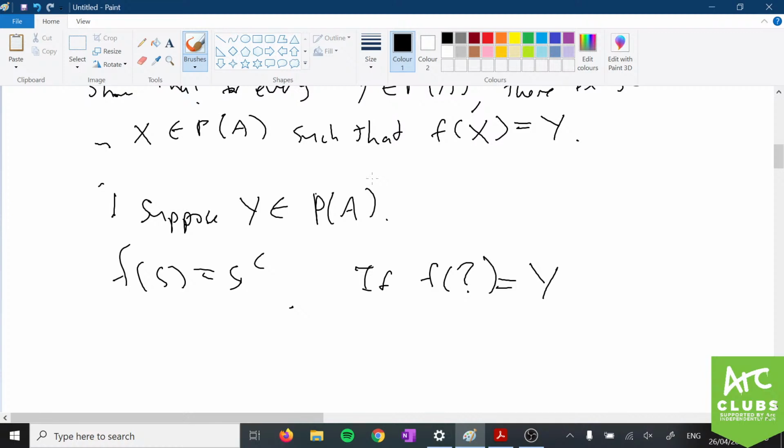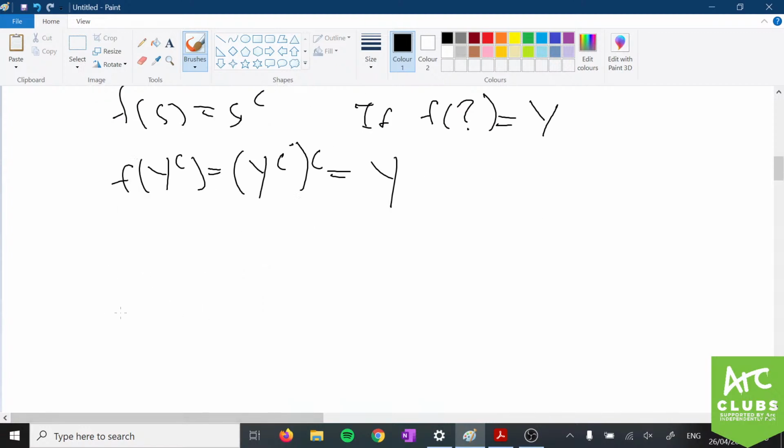Yeah, so y complement works. Y complement works because f of y complement is the complement of y complement, which is y by the double complement law, if you remember that law. And is y complement in the power set of A?